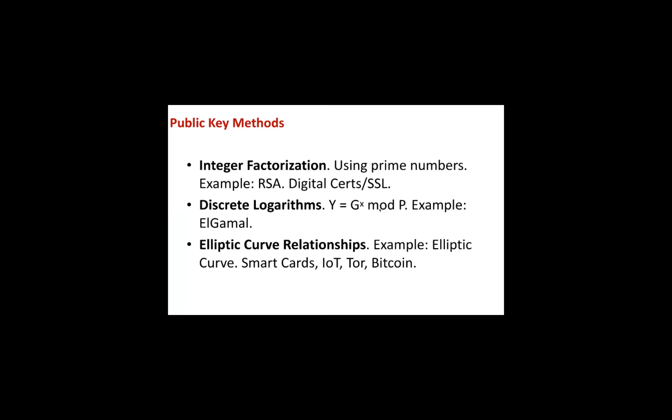Discrete logarithms, where we take a generator value g and raise it to the power of secret x, and then take mod of a prime number, and it's difficult to find the original value of x. And increasingly we use elliptic curve methods. So that's used in smart cards, IoT, Tor, Bitcoin, and so on.